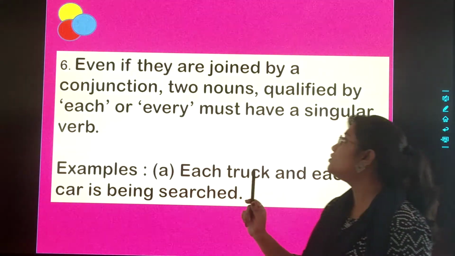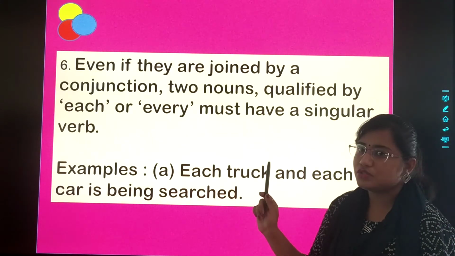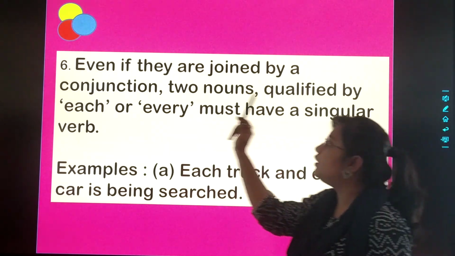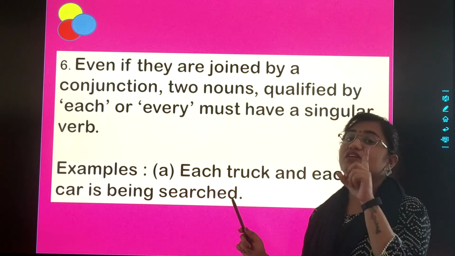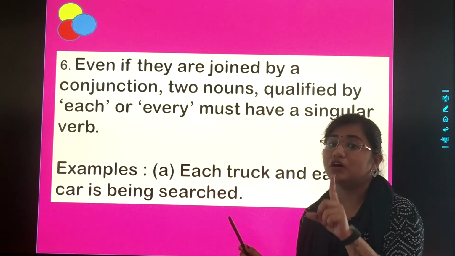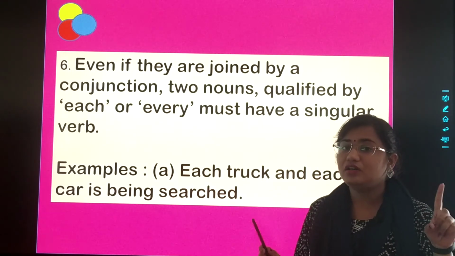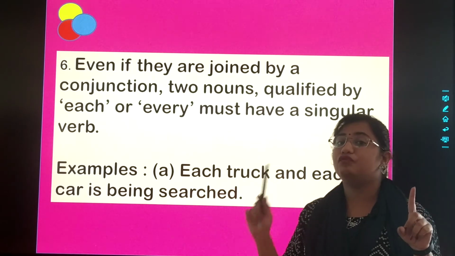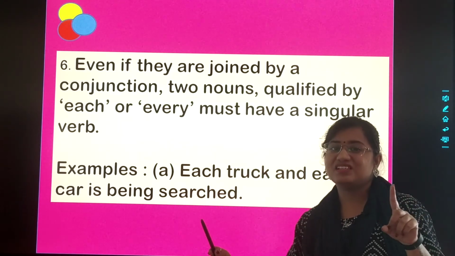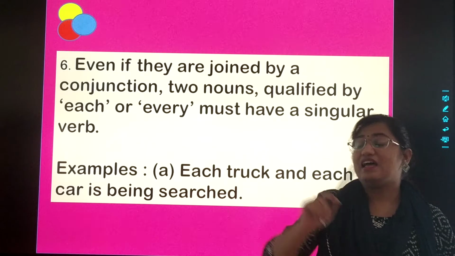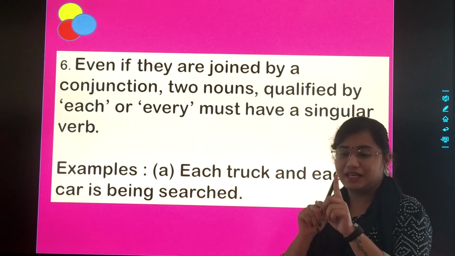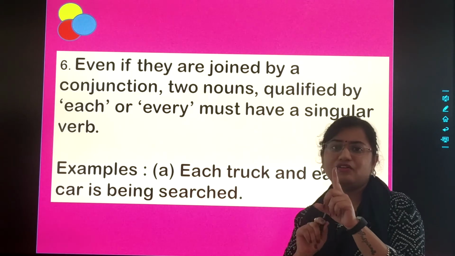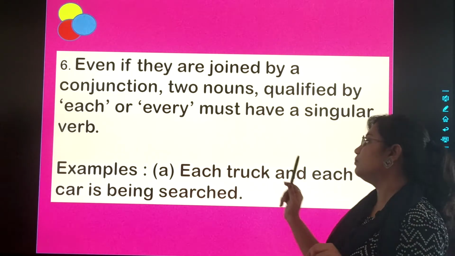If you are using two nouns with each or every, they must always have a singular verb. It will never have a plural verb. It will not be singers, racers, dancers. It will be like sing, dance, run.